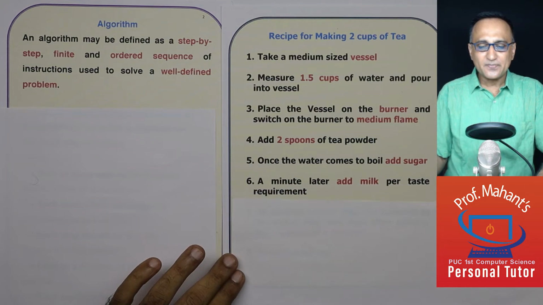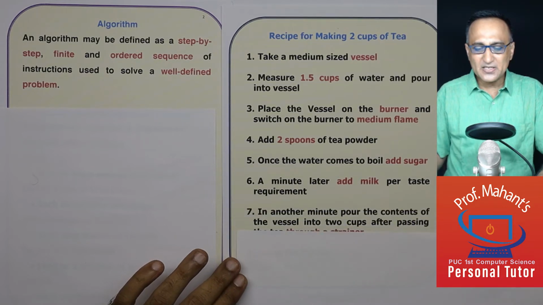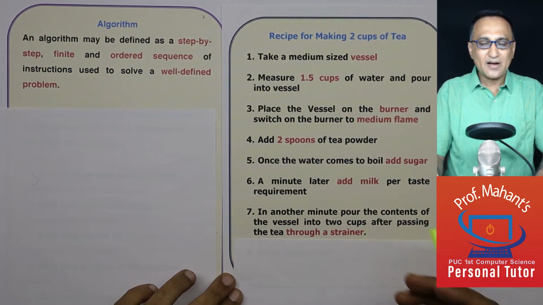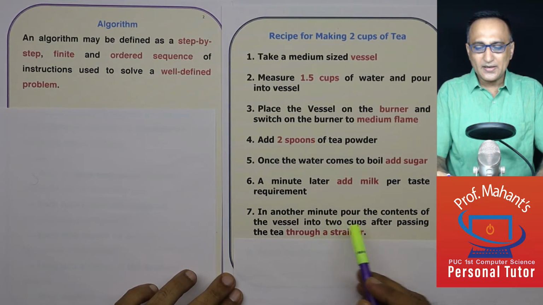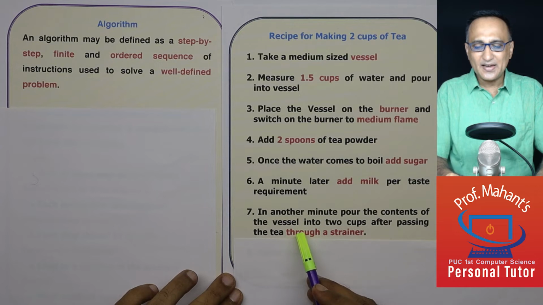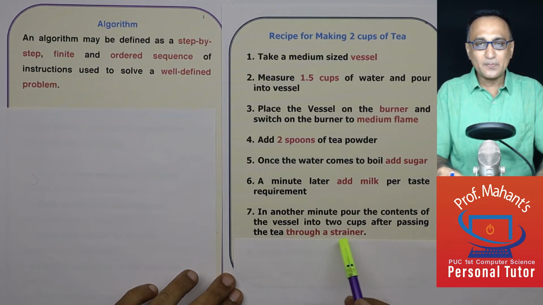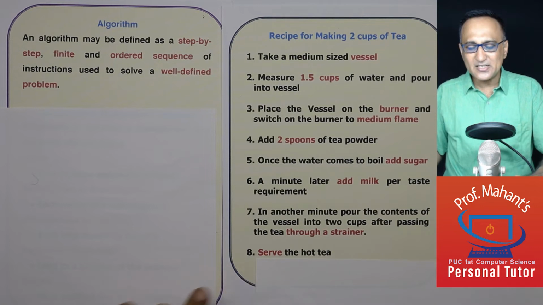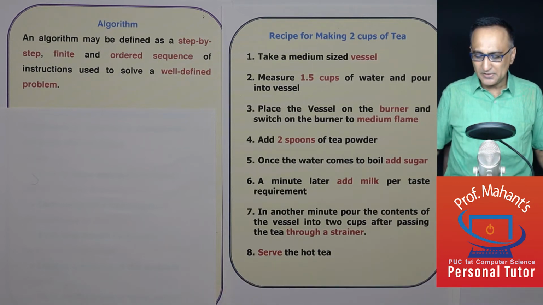After a minute, go ahead and add milk as per your requirement of taste. Then number 7, in another minute, after it boils a little bit more, take the content of the vessel and take 2 cups and pour the tea after passing it through a strainer. Strainer is your jali which is used to filter the tea powder. Then serve the hot tea to the person.